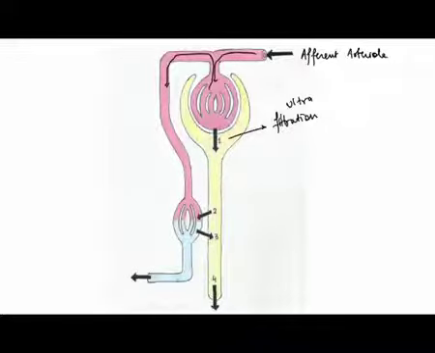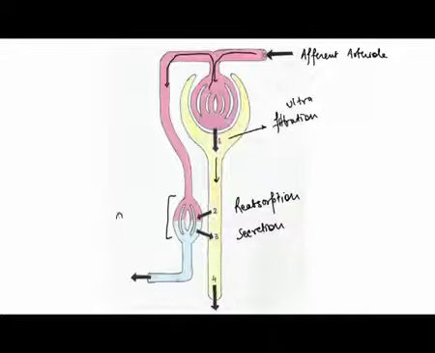So that's why we can simply call it ultrafiltration. And from there, this filtrate is passing downstream, and the second step indicates reabsorption, while in the third we have some secretions coming from the ductal side. This area is nothing but the capillary network.